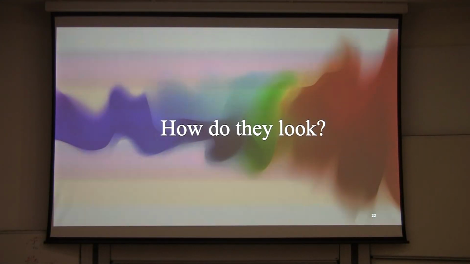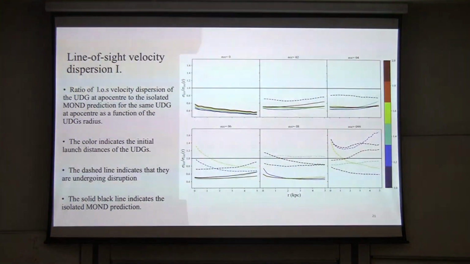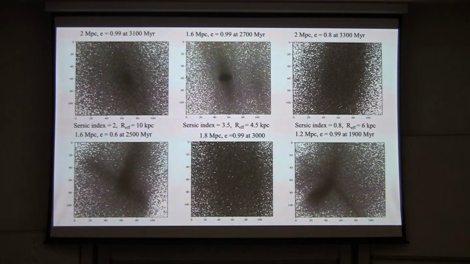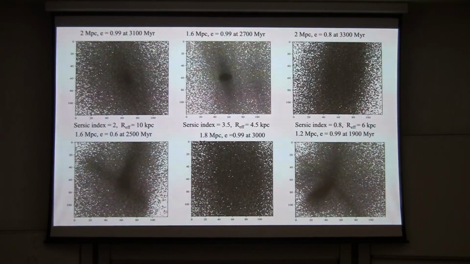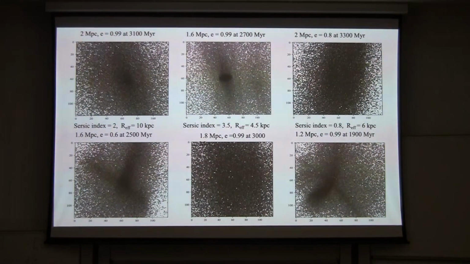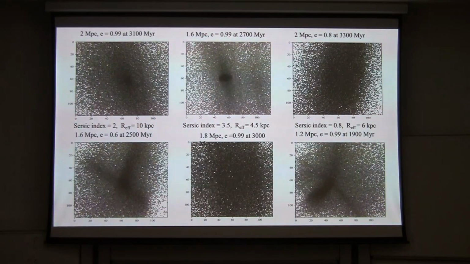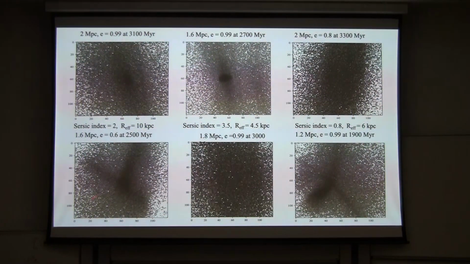So how do these six UDGs look? This is how they look. I don't even know what the UDG is here, honestly, because GALFIT cannot fit this properly anymore. Some of them even become beautiful stellar streams after a point.